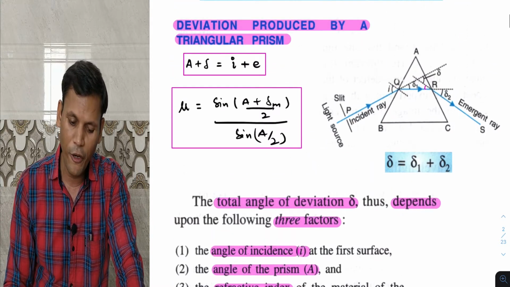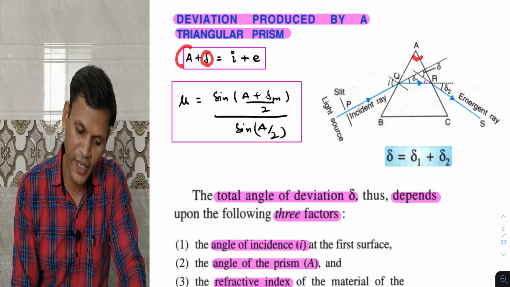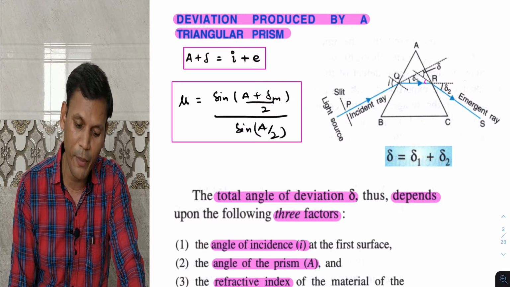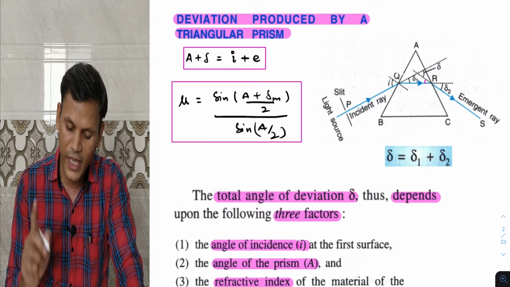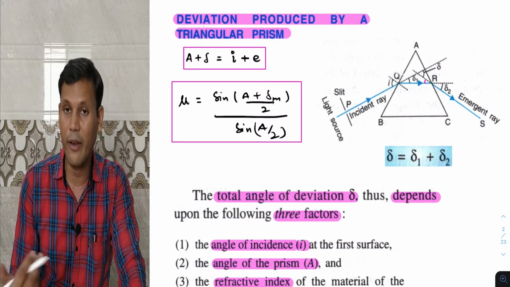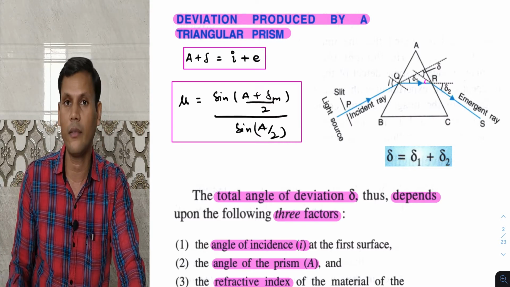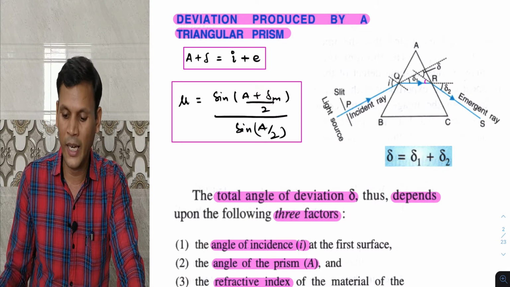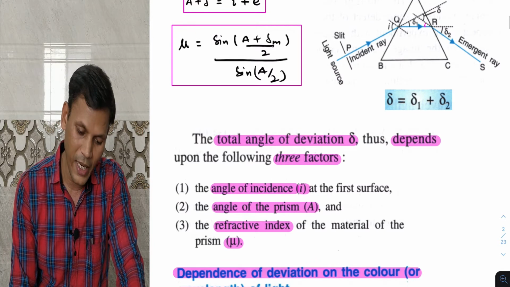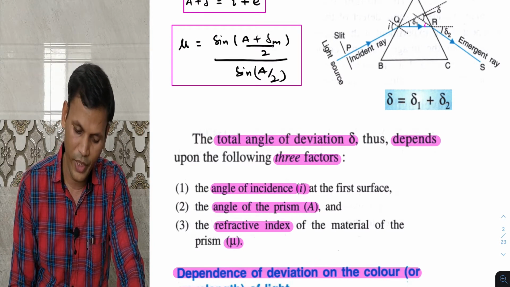I have already mentioned: from this relation, delta depends on the angle of prism A, the refracting angle of the prism, and the angle of incidence I. The angle of emergence is not a factor, since the remaining angles depend on it. Okay, I will read one by one.